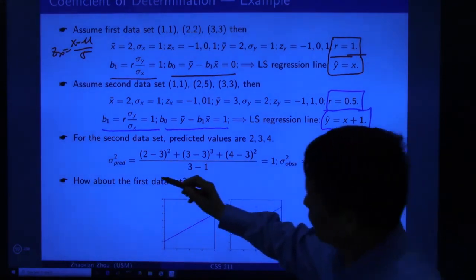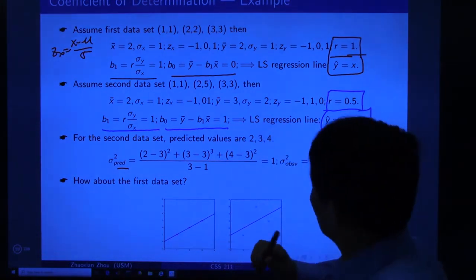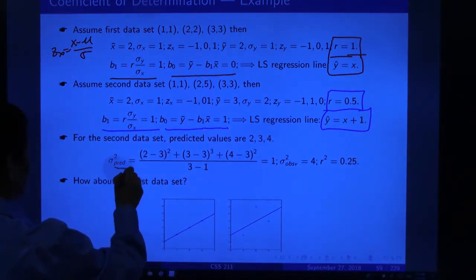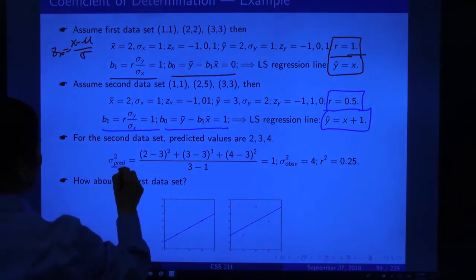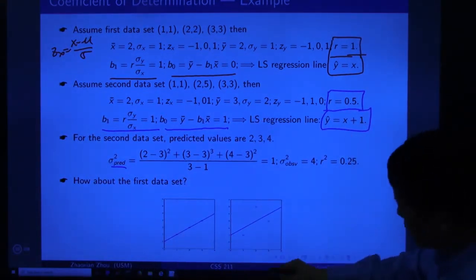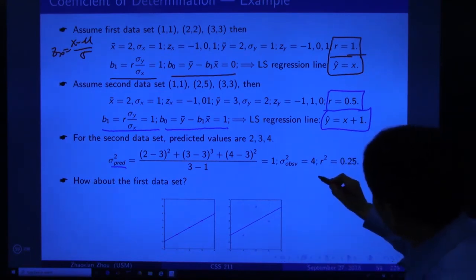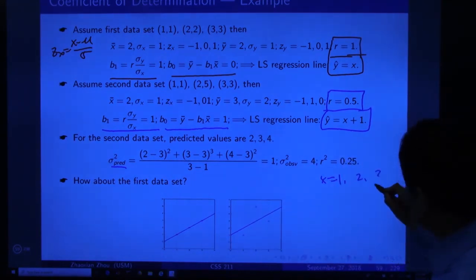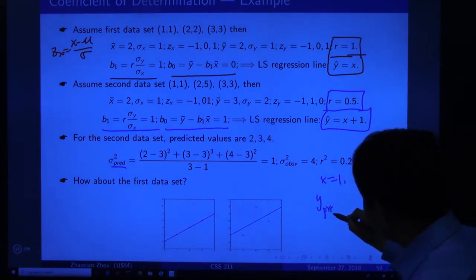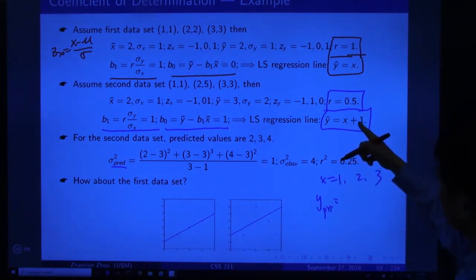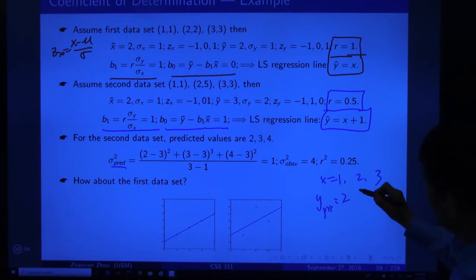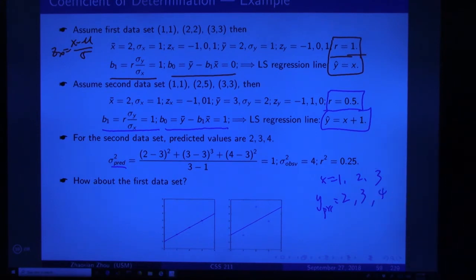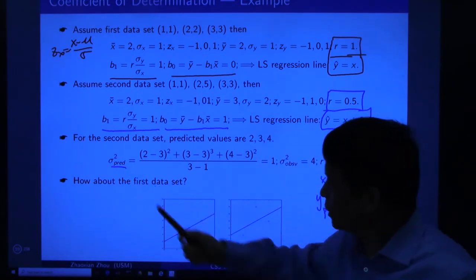So the predicted value when x equals 1, 2, 3: the y predicted will be 1 plus 1, so equals 2. And when x equals 2, the predicted will be 3. When x equals 3, the predicted will be 4. Right? Let's see the variance of the predicted values.